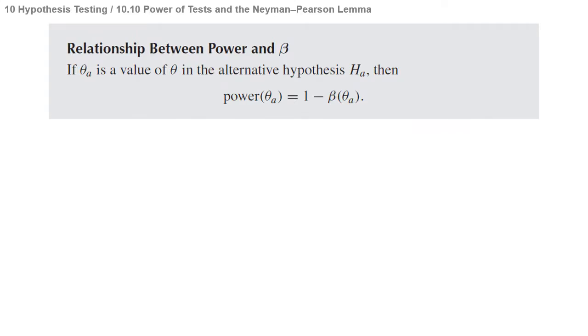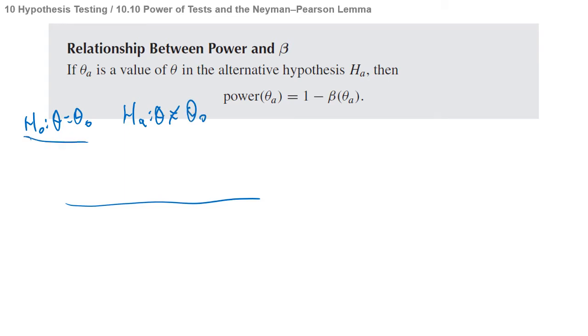Okay, let's learn about the relationship between power and beta. Let's think about this situation. We are testing H null: theta equals theta 0, and H alternative: theta is not equal to theta 0. Under the null situation, let's say our test statistic follows a normal distribution, something like this, and here's theta 0.